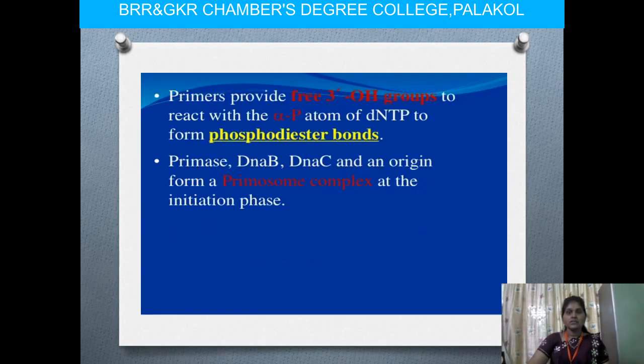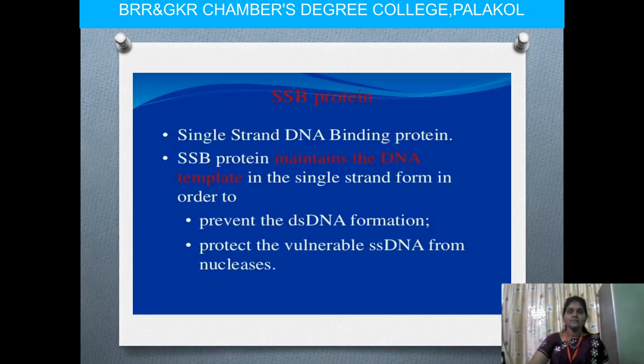It provides a free 3' hydroxyl group to react with the alpha phosphate atoms of dNTPs to form phosphodiester bonds. So the primase, DNA B, DNA C, and an origin form a primosome complex at the initiation phase. So the initiation of the DNA replication can be started by the primosome complex formation.